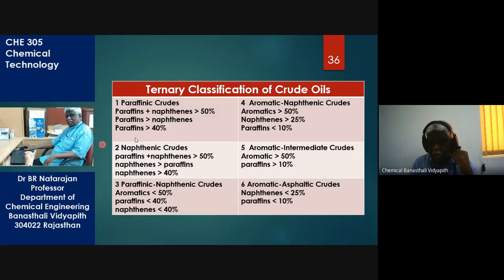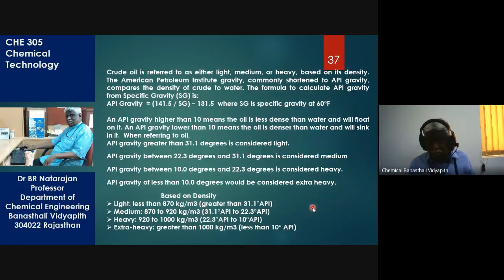Then where it is split, paraffinic naphthenic crude: aromatic is less than 50, paraffin is less than 40, naphthene is less than 40. In such a case it is paraffinic naphthenic. Then comes aromatic naphthenic, where aromatic is more than 50%. Then aromatic intermediate, aromatic is more than 50%. Aromatic asphaltic, where naphthene cyclic compounds are 25% and paraffins are less than 10%. So these are 6 classes.